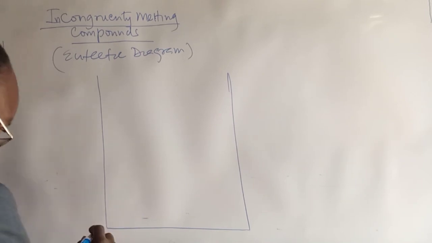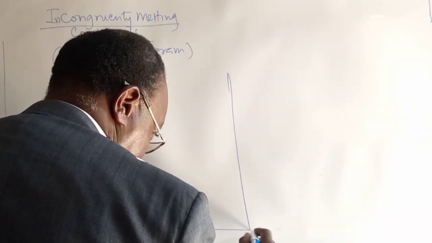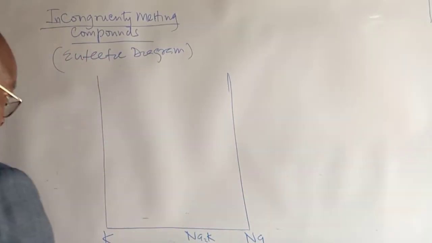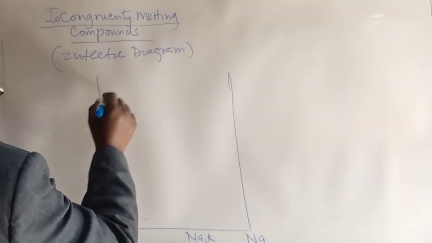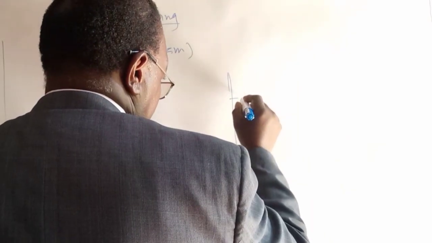So we have potassium, then we have sodium, and we have a compound, Na2K. This will be the melting point of potassium, and that will be of sodium.